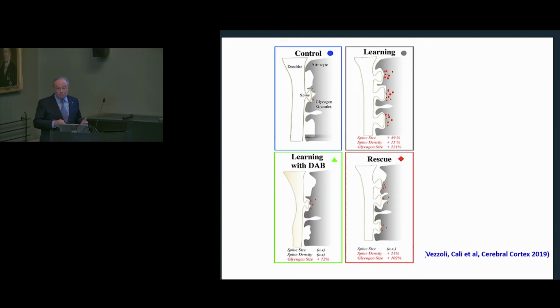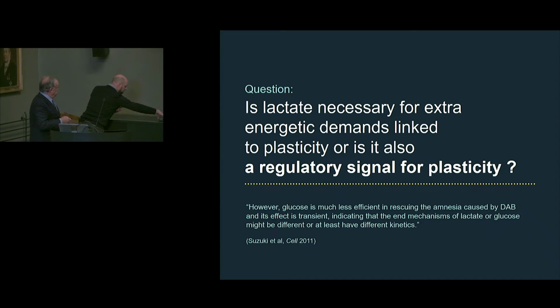Not on glycogen granules, but that's not surprising because glycogen doesn't form from lactate. So the summary is that glycogen in astrocytes is necessary or at least associated with learning and an increase in spine size and number, which is known to be associated with learning.